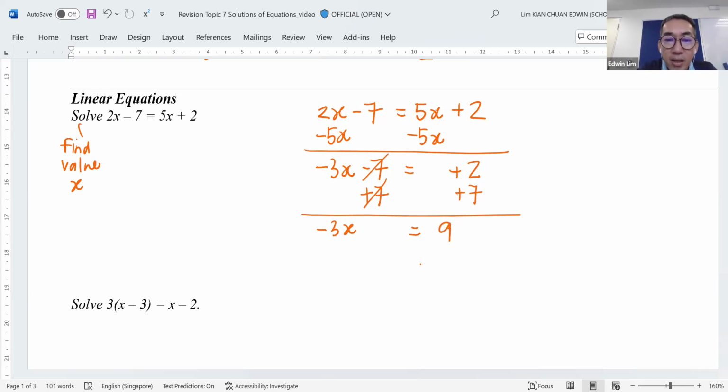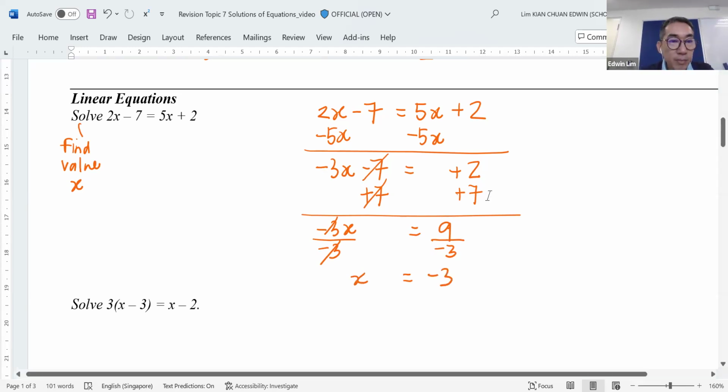I want to find x, I must divide by negative 3, so that it becomes x. So I divide by negative 3 as well on the right-hand side. x equals negative 3. This is for 2x minus 7 equals 5x plus 2. Next one.